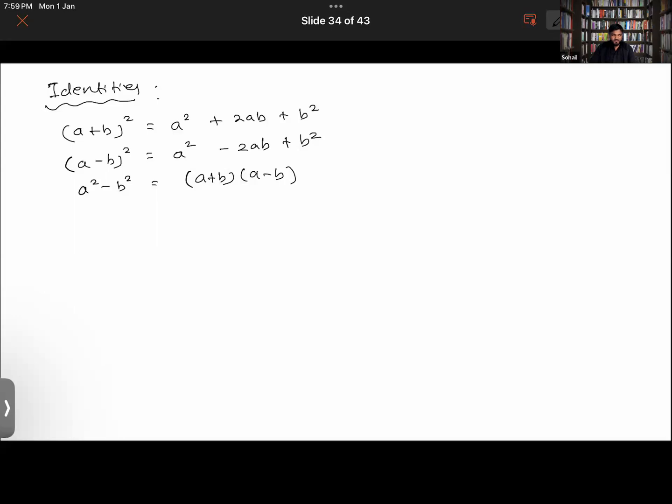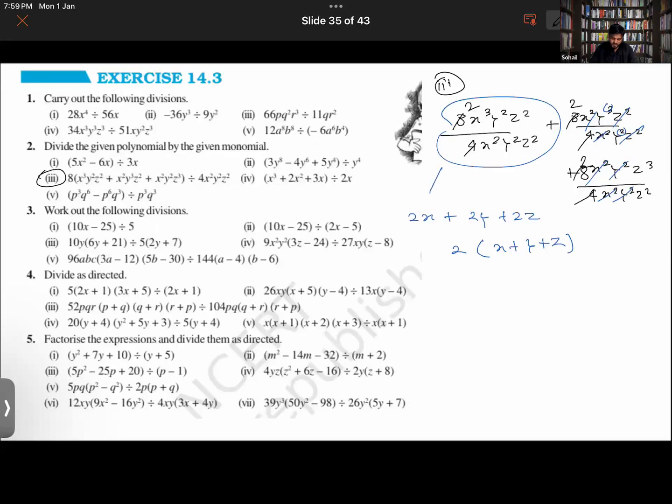Now moving on. I hope you guys don't have any problem in the multiplication and the division part, how we were doing the multiplication and division of algebraic expressions. It is a very simple thing. Exercise 14.3, we did discuss some questions from this exercise, and we will still be discussing some more questions.